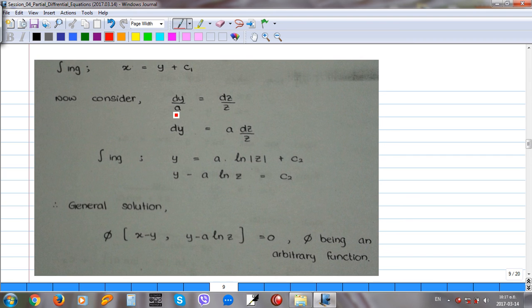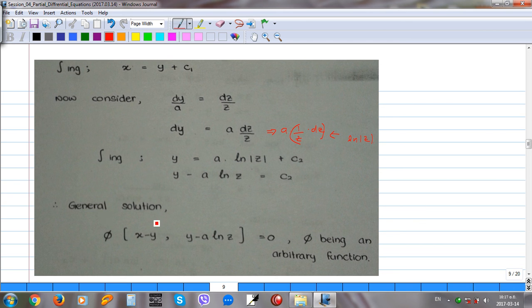So then you can take a to that side, then dy equals a times 1 over z times dz, then 1 over z means that is ln z. So we can integrate both sides, then here y equals a times ln z plus c2, where c2 is the arbitrary constant, then you can subtract the c2 also.